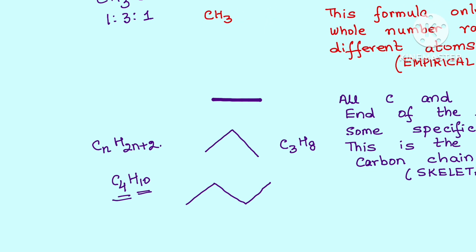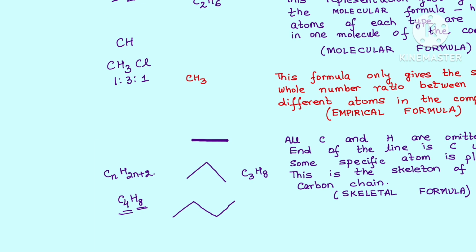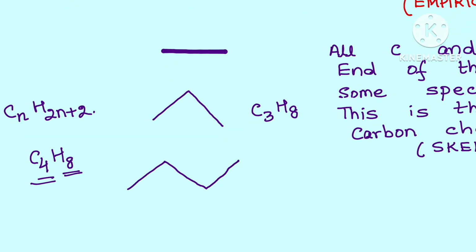Okay, let me give you a question over here. Let's suppose I have to draw the skeletal formula for C4H8. Give it a try. Yes, there can be different representations. So I'll take the easiest one for you first. I have removed hydrogen atoms from, let's say, the 2 carbon atoms at the end. So that means it develops a double bond. To represent a double bond, I am going to simply draw a double line over here.